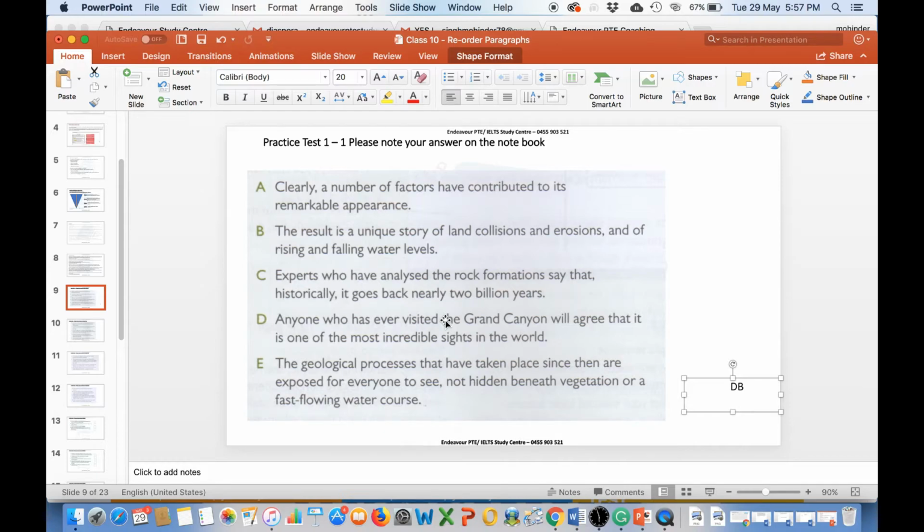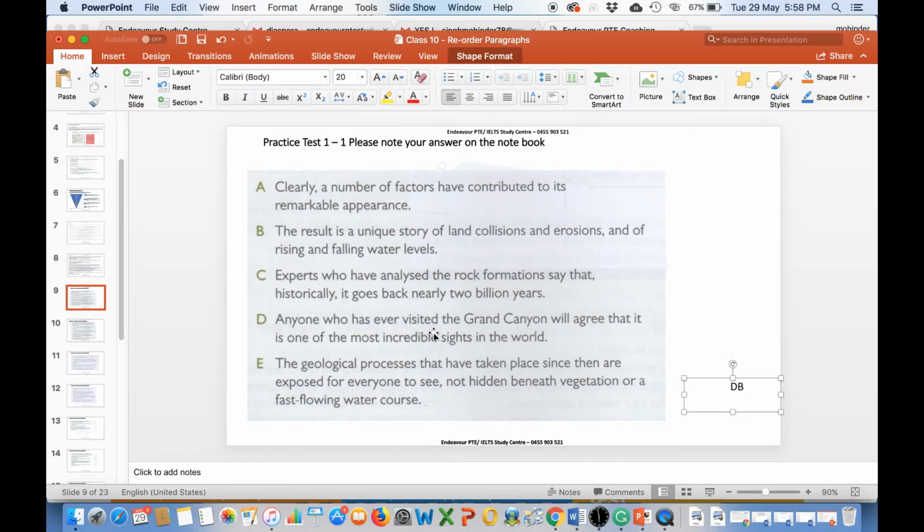That link may come in the form of the object of one sentence becoming the subject in the next one, or a verb form in the first sentence becoming a noun form in the second, or a noun and pronoun link, depending upon singular and plural as well. So here, anyone who has ever visited the Grand Canyon will agree that it is one of the most incredible sights in the world.